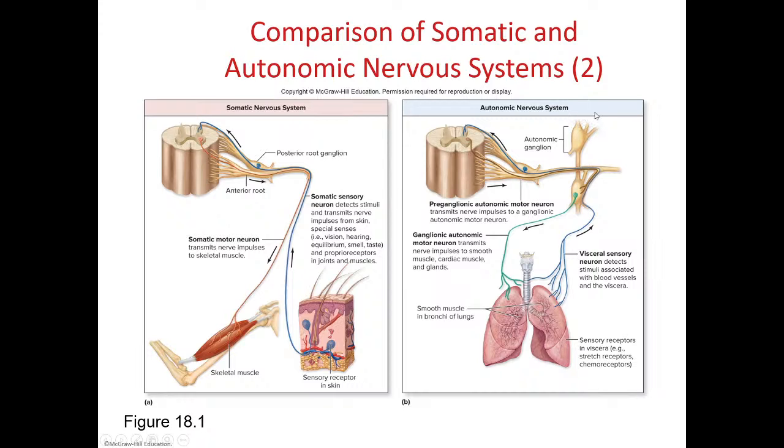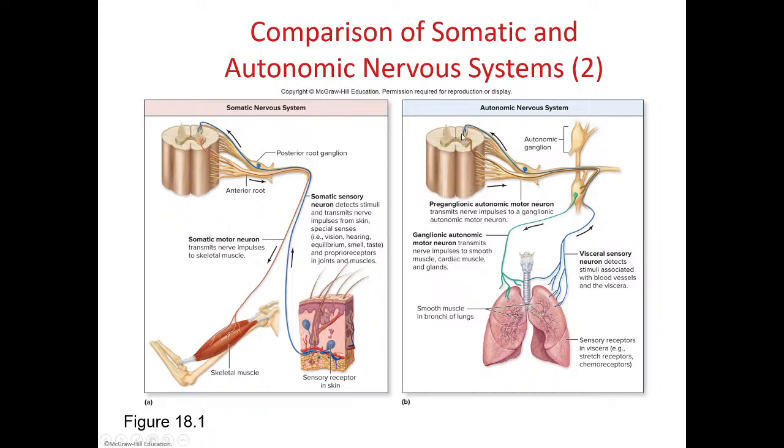Over here we have the autonomic nervous system, which is receiving information from the lungs, and we can detect in the lungs things like stretch. The stretch receptors detect when the lungs are inflated or hyperinflated, and send that information back to the spinal cord where it gets integrated.